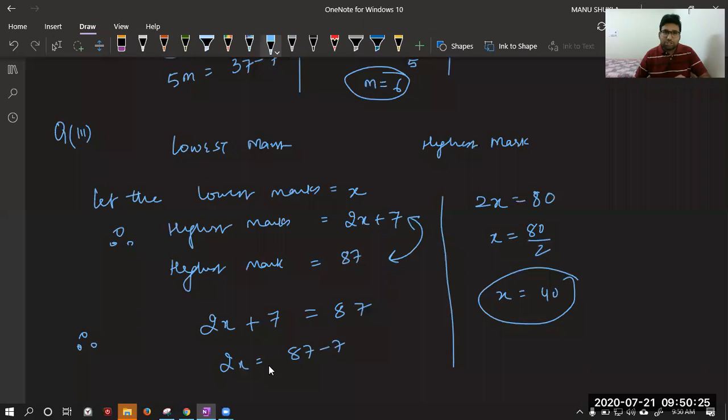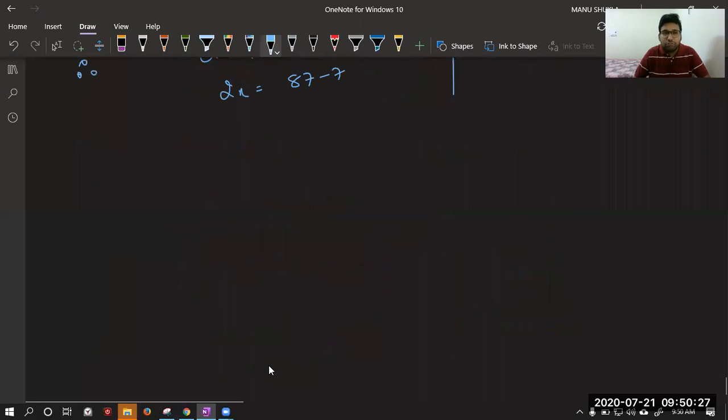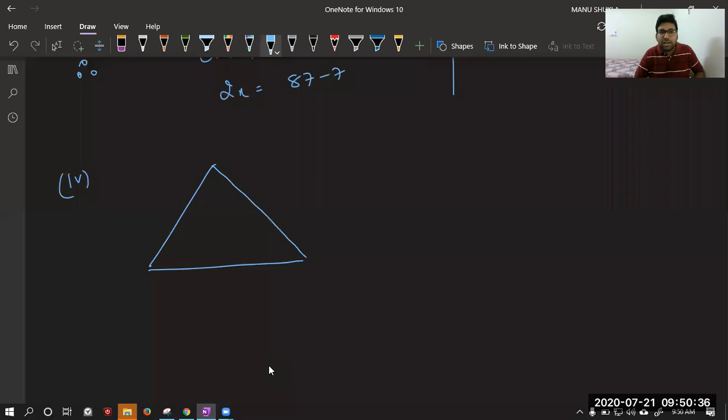Very easy. Last question. I'm just giving you a hint. Fourth part, please see and do it on your own. In an isosceles triangle, a triangle having two equal sides is known as an isosceles triangle. First thing, in the triangle, this is known as the vertex angle. These are the base angles.